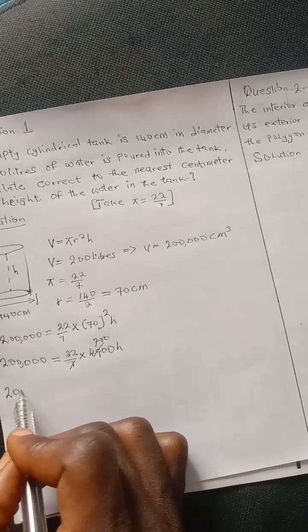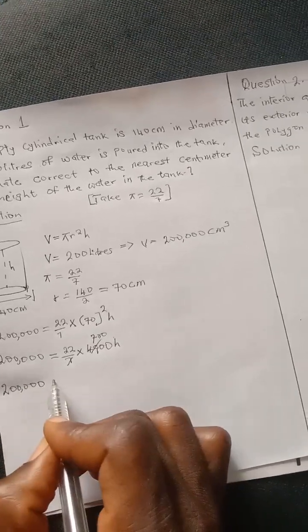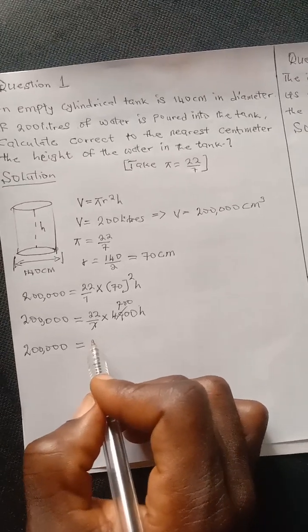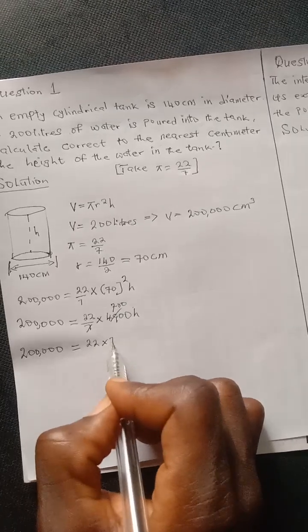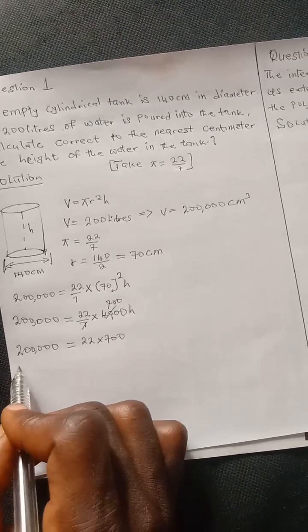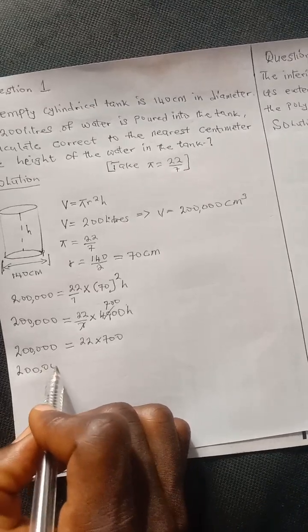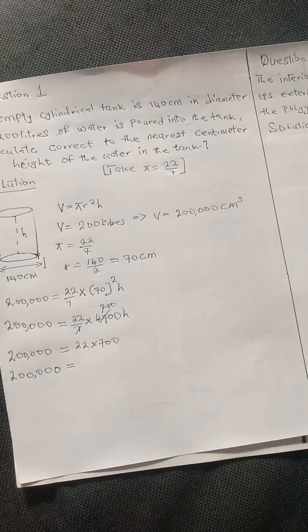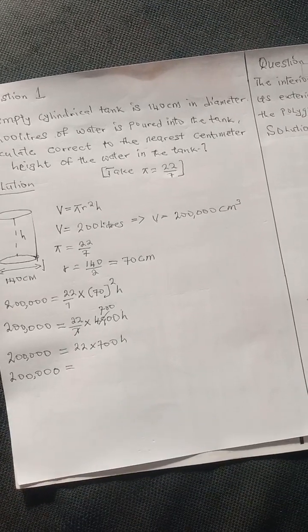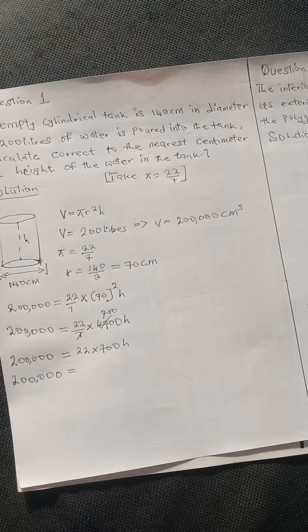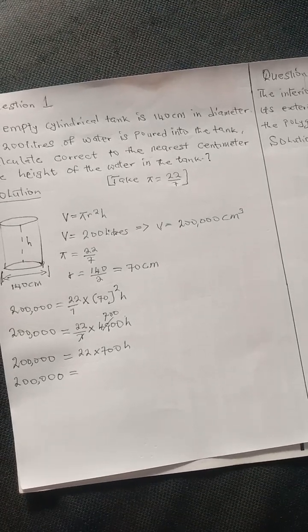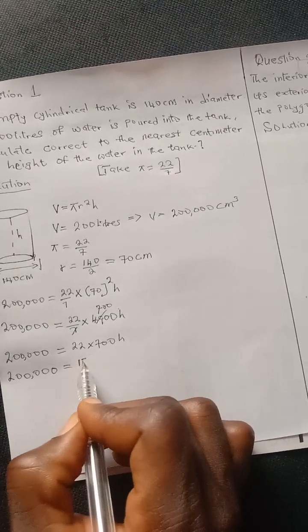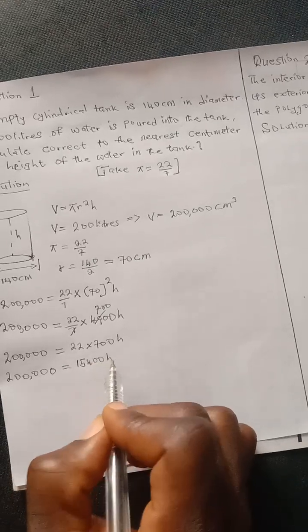So you have 200,000 equal to 22 times 700 h. 22 times 700 is 15,400 h.